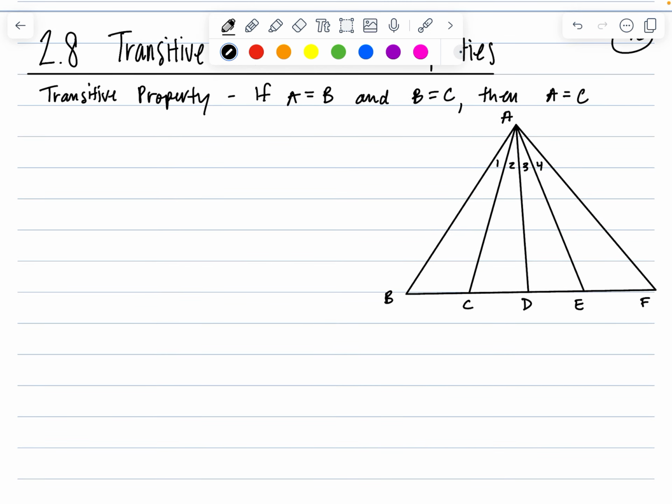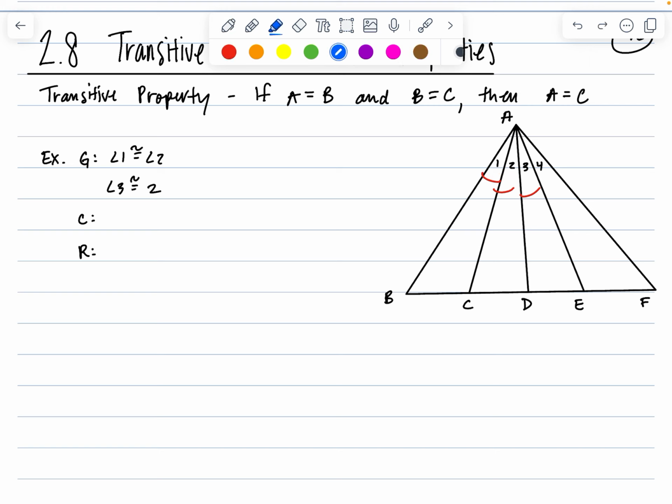So the transitive property. First example, let's say our given is angle 1 is congruent to angle 2. Let's also say angle 3 is congruent to angle 2. What can we ultimately conclude? Well, let's put conclusion here in the reason. If I say angle 1 is congruent to 2, and 3 is congruent to 2 as well, so 2 is congruent to 3, we could ultimately conclude that 1 is congruent to 3.